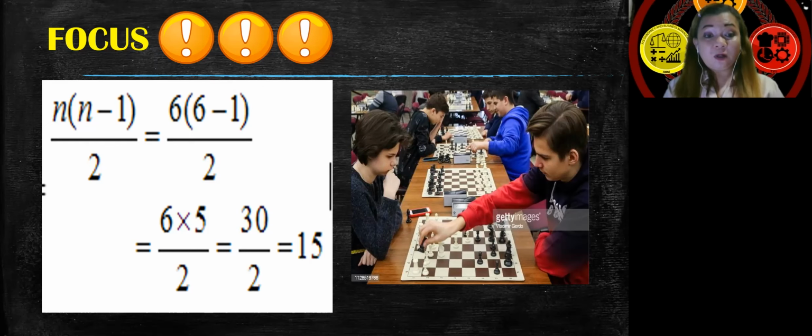That would be equal to 6 multiplied by 5 divided by 2, which equals 30 divided by 2, which equals 15. So 15 is the number of matches.